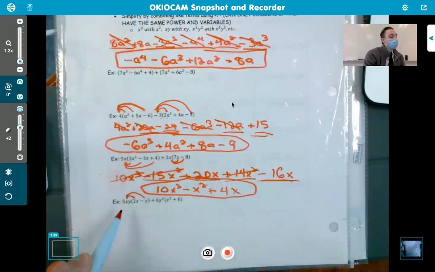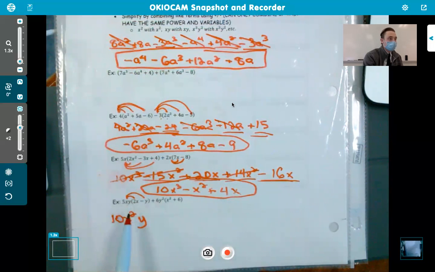I'm still going to distribute the 5xy into each of those terms. But when I do that, I'll multiply the coefficients, and then I'll take it variable by variable. I see that they both share an x. Well, x times x is going to give me x squared. There is no y term that I can combine, so the y just tags along. So 5xy times 2x is going to give me 10x squared y.